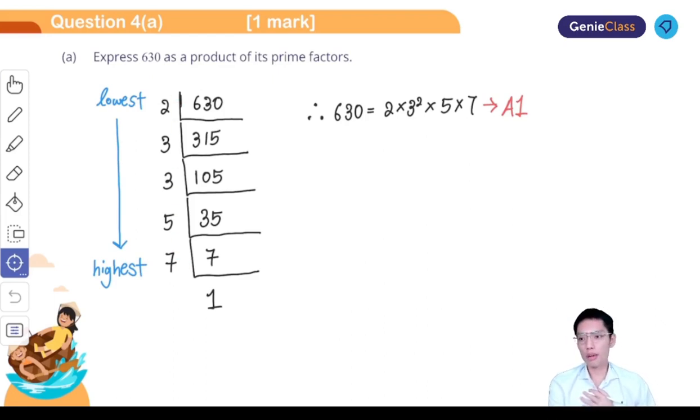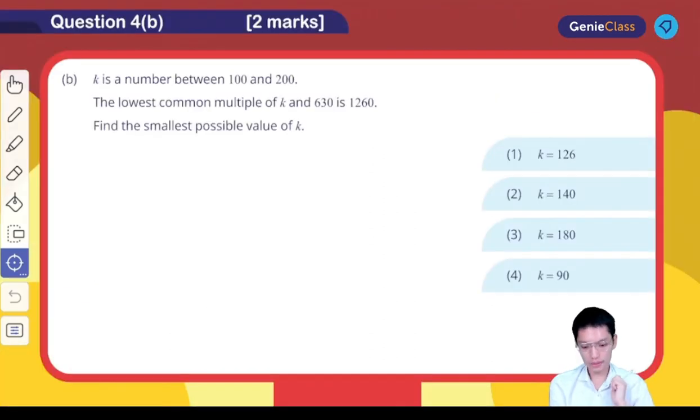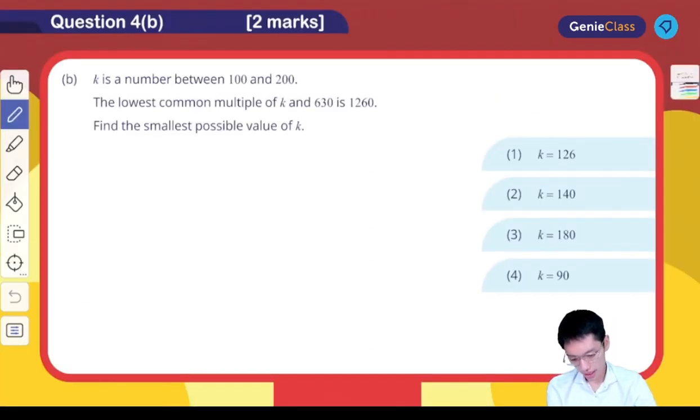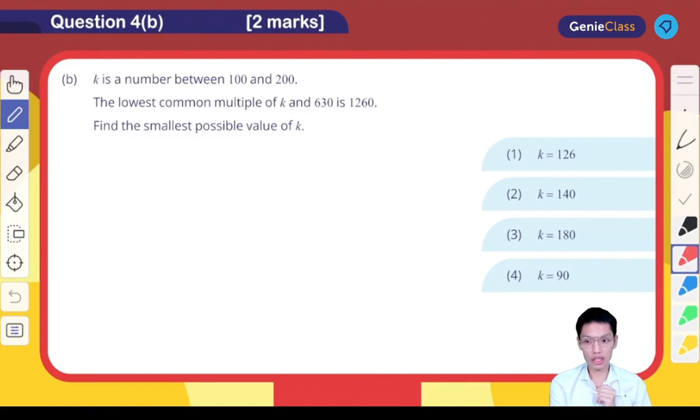The next one is the more interesting question that I am going to go to, question 4b. You realize from 4a that the prime factorization is already given to you. Let me write it down in case you forgot.